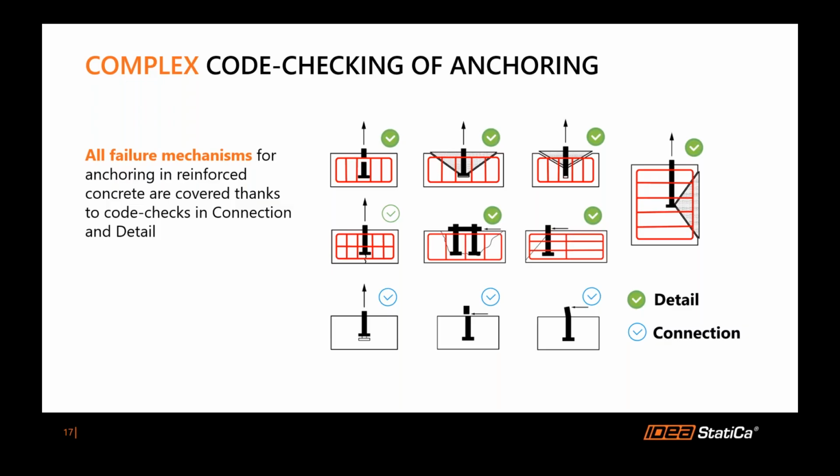Together, both of these applications cover all failure mechanisms for anchoring in reinforced concrete. In detail, the steel failure, concrete cone failure, splitting failure, and in connection, the pull-out and steel failure on the lever arm.